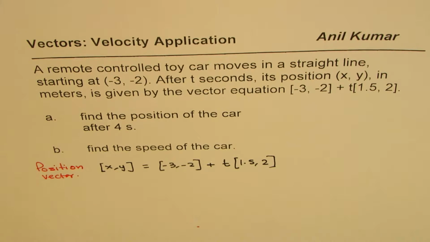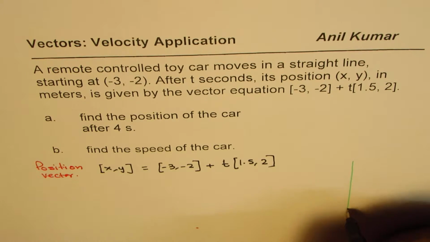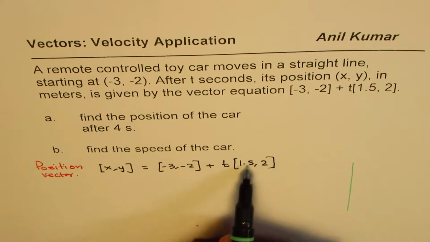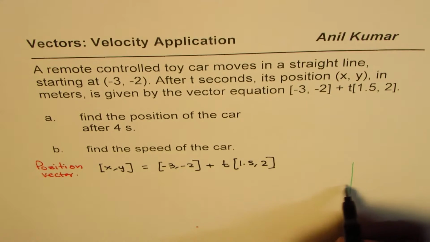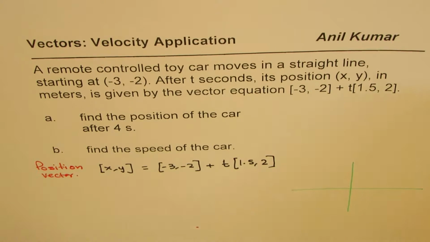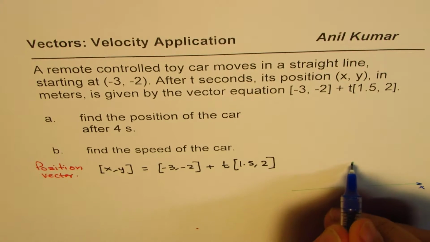Now, on the xy plane, I can actually sketch this in this fashion. It starts at (-3, -2) and it's got a positive rate of change. Let's say this is the xy plane for us. So this is x-axis and that is y-axis.